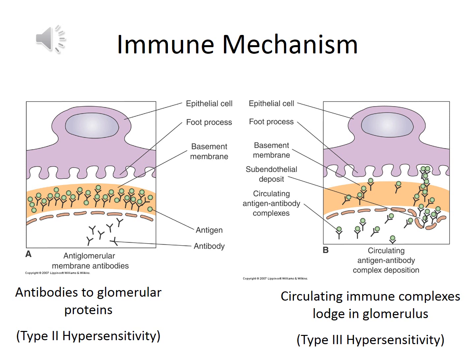With our type 3 hypersensitivity, these are going to be circulating antigen-antibody complexes and they're going to lodge in the fenestra and the basement membrane, and maybe leak into the podocyte area again. So now we have those immune complexes, both of which are going to be activating the inflammatory response, activating complement, and causing damage in the area.